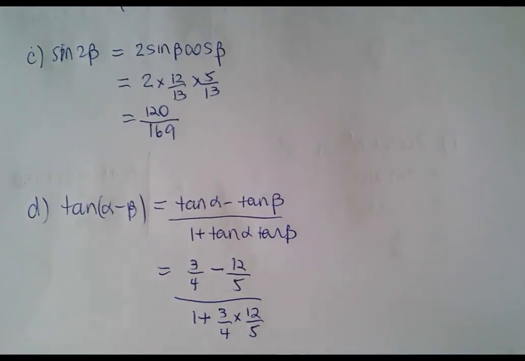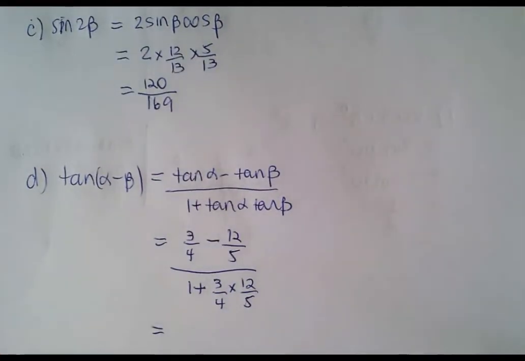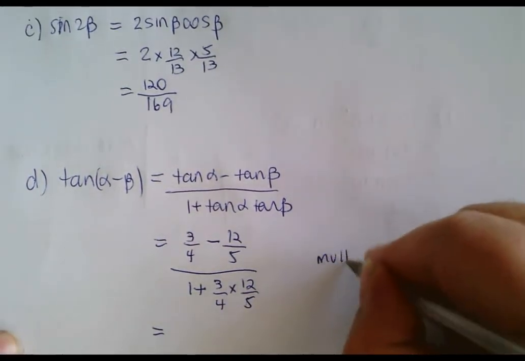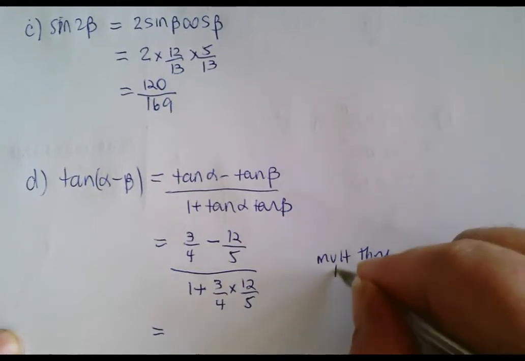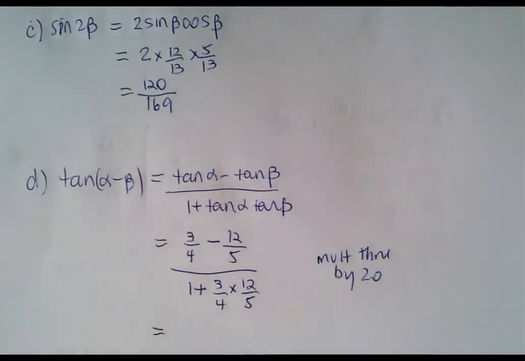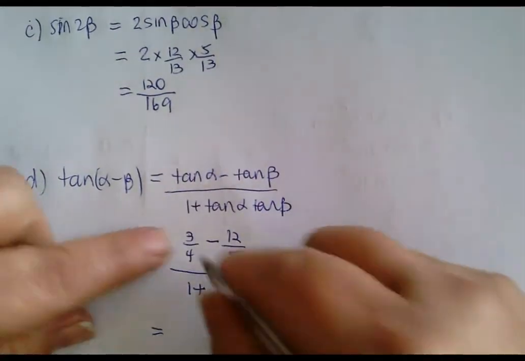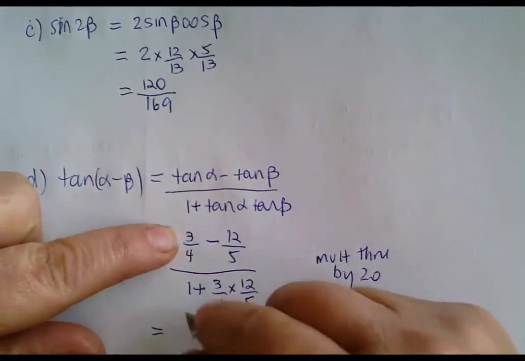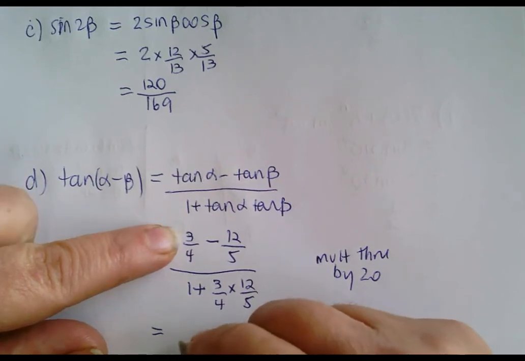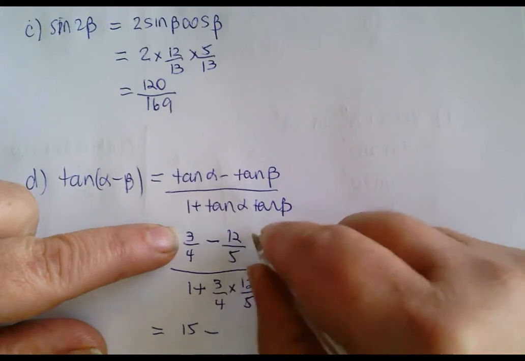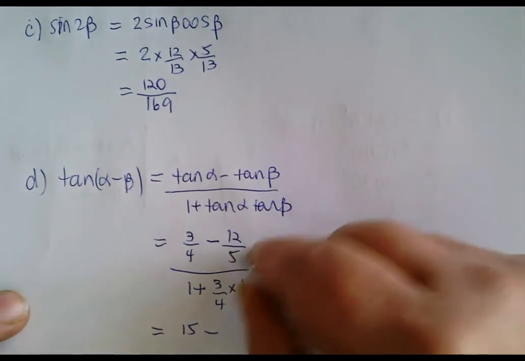Now be careful, I want to do this one just to be able to simplify. What is the lowest common denominator? 20. So we're going to multiply through both the numerator and the denominator by 20. But there are 2 terms on the numerator. So timesing this by 20, what's 20 times 3/4? 3/4 of 20. 15 minus 20 times 12 over 5.